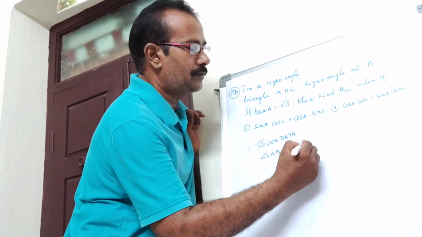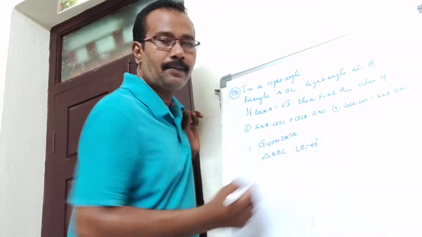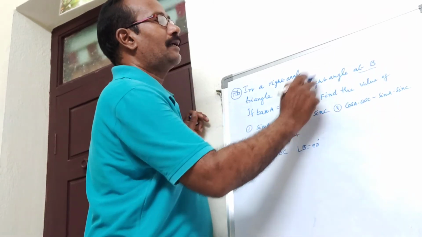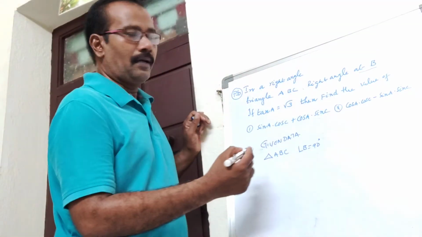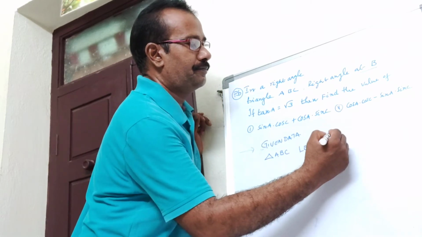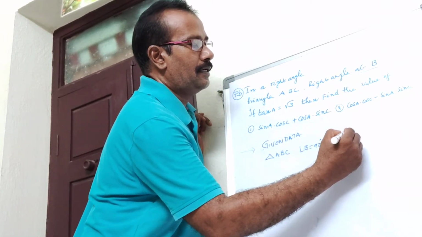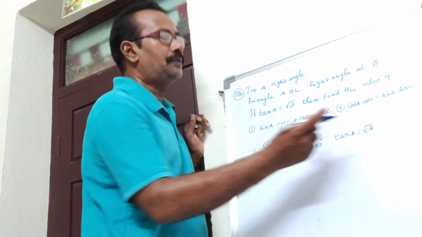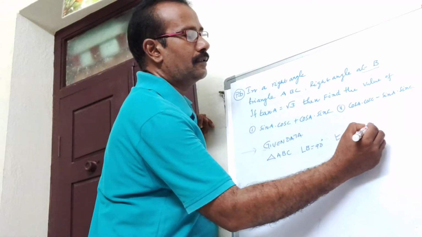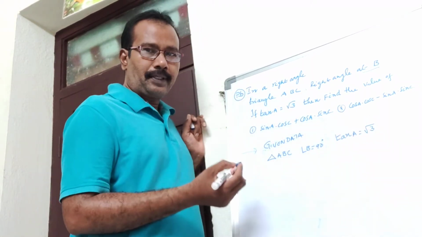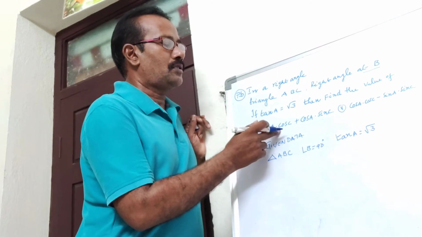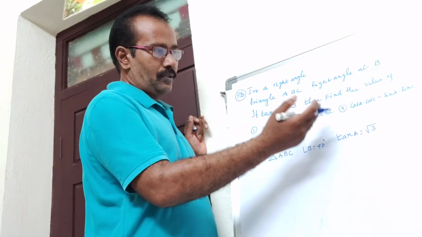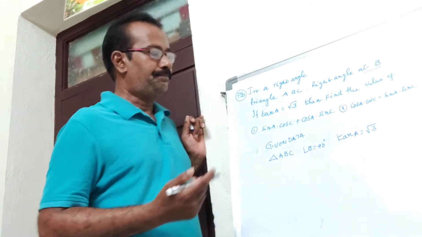Angle B is equal to 90 degrees, right angle at B. Again, tan A is equal to root 3. This is the given data. What we have to find is sin A cos C plus cos A sin C. Second bit, cos A cos C minus sin A sin C.